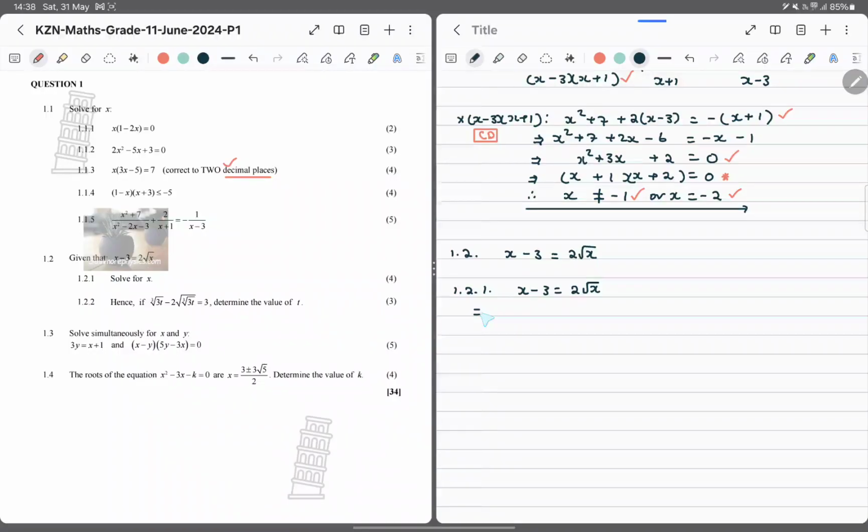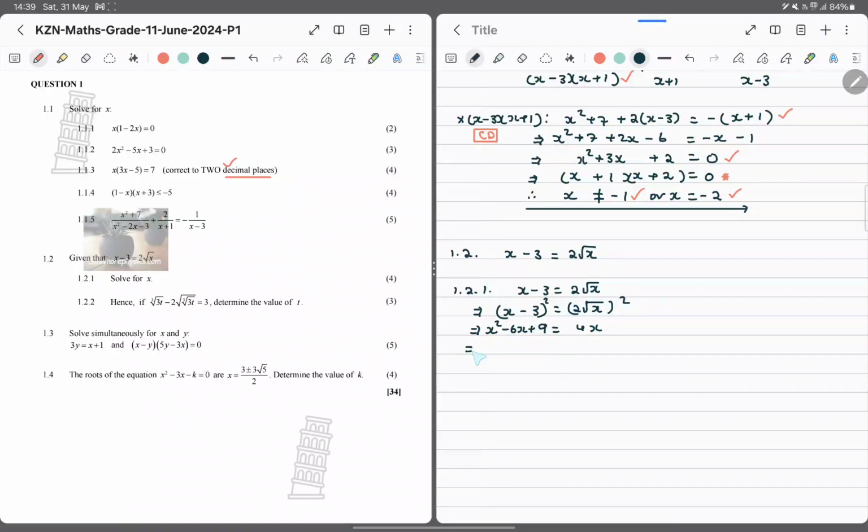Now this implies that we've got x minus 3 all squared equals 2 root x all squared. So what we do on the one hand side, we must do on the other hand side. This becomes x squared minus 6x plus 9 equals 4x. Right.